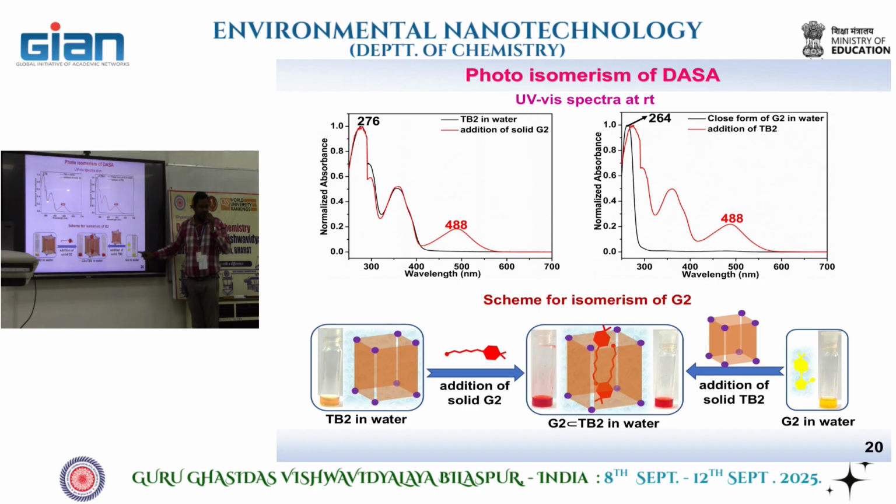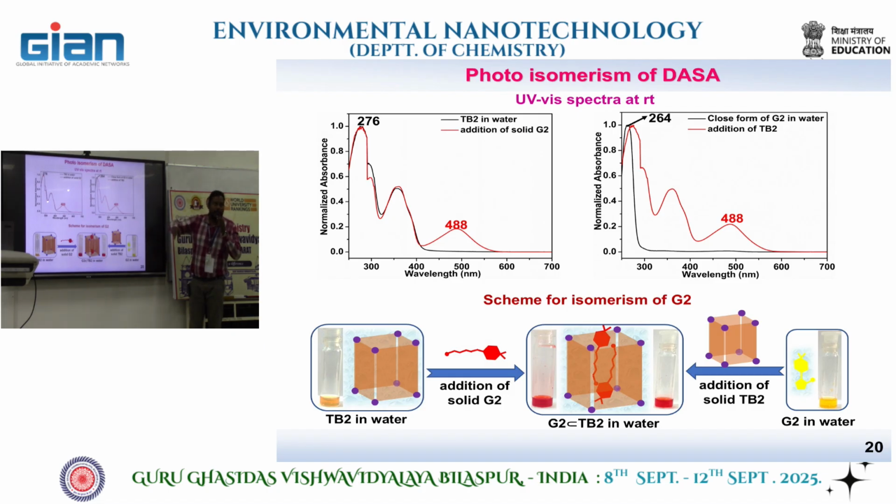If you keep it in the dark, or irradiate light, anything you do, the color will not change, because this is a stable zwitterionic structure. But when we add our barrel to this in water, just after adding, it becomes soluble, and after becoming soluble, it gives the red color. That means the zwitterionic form slowly converts to the open, linear form.